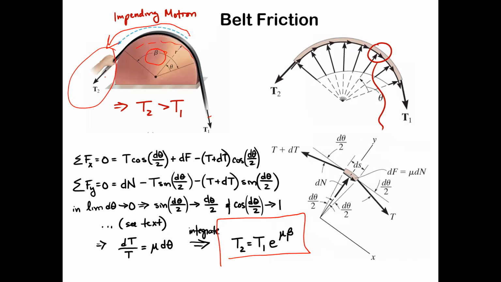That means T2 has to overcome the friction force as well as whatever T1 is providing. So T2 in this case is going to be bigger than T1. It's different with pulleys, where you just assume it's the same tension on either side because they're frictionless, ideal pulleys. With a belt, one side's going to have a larger force than the other. Isaac?